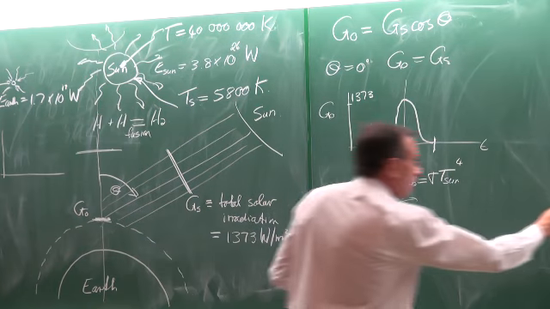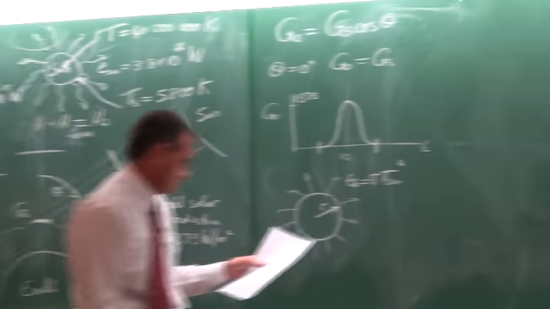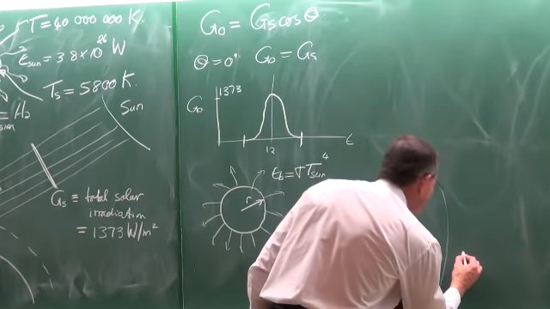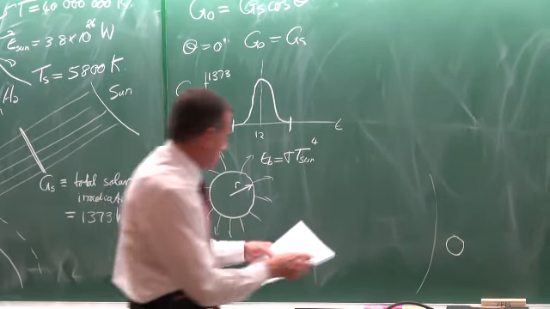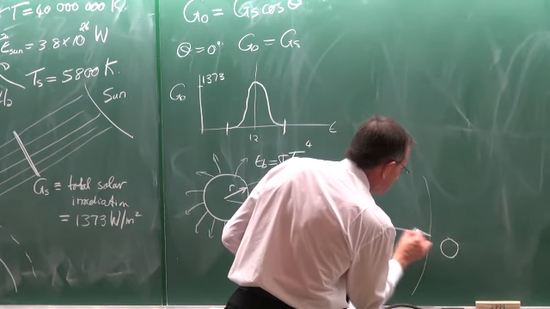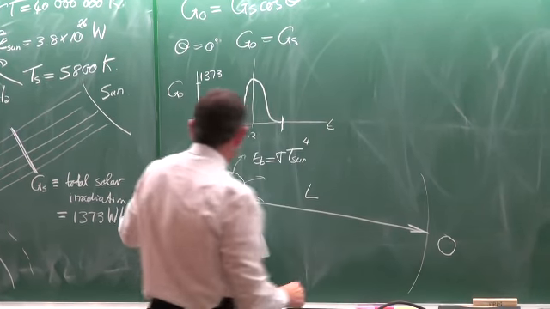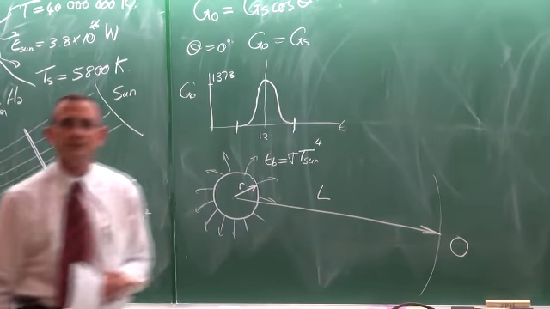Far away is the Earth, and this is the distance L between the sun and the Earth.